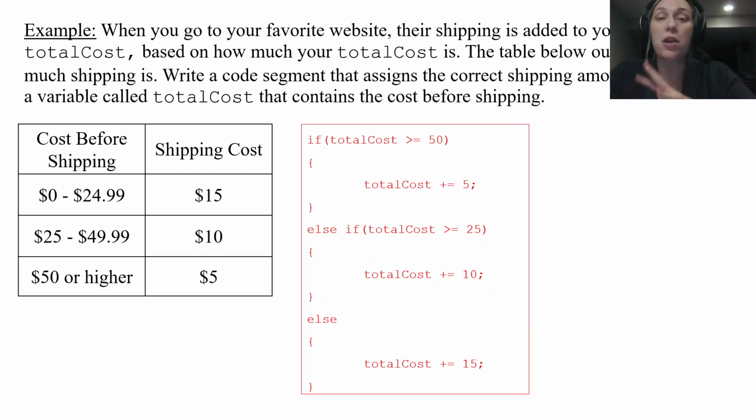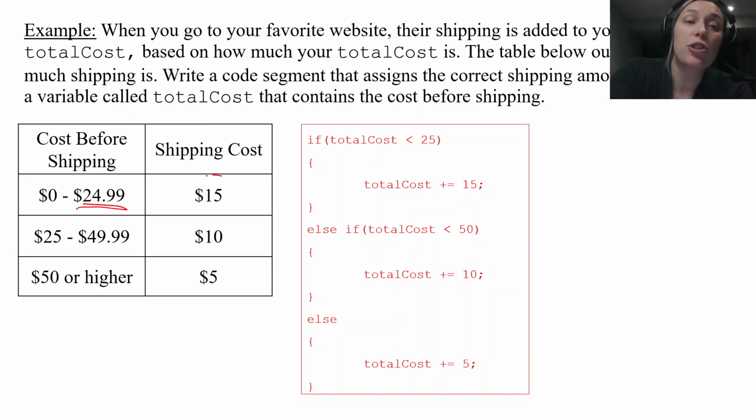Okay. Another way I've seen students do it is like this. Okay, slightly different. They checked first if your total cost was less than 25. Okay, so if it's less than 25 right here, you're just automatically going to add 15 and everything else gets skipped. If your total cost was less than 50, okay, you're going to add 10 to it.